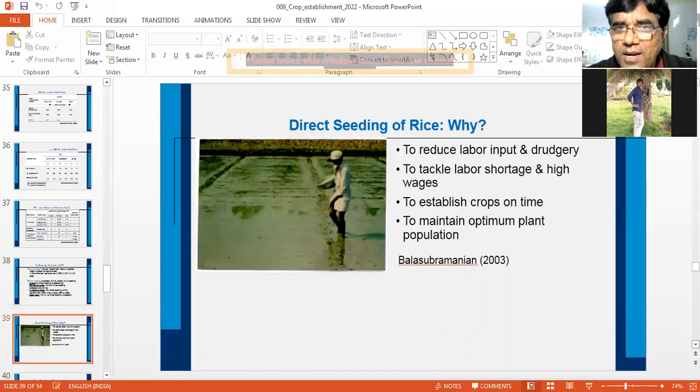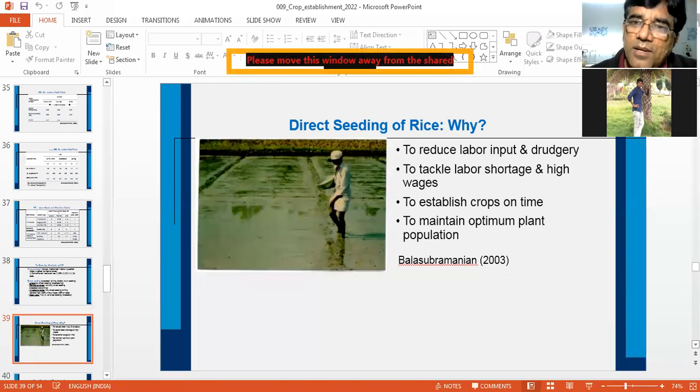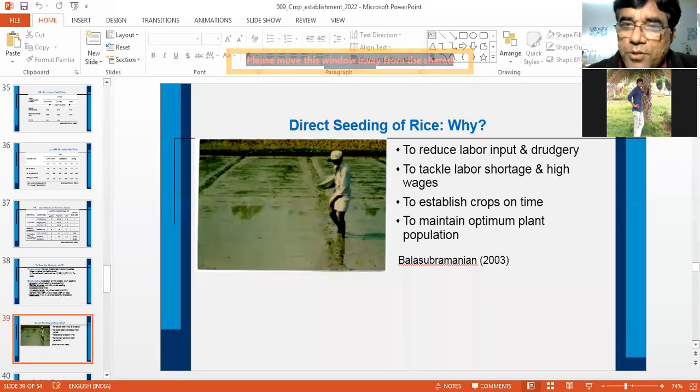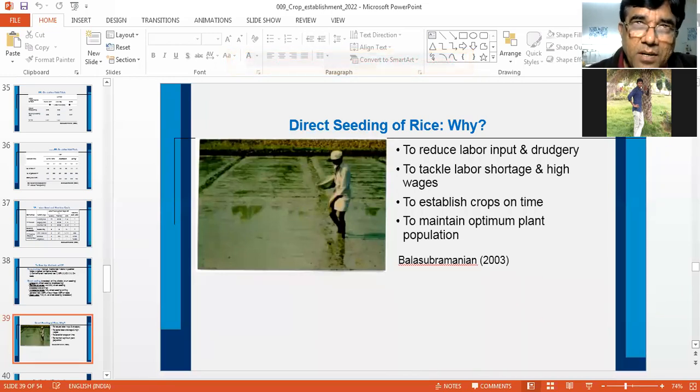So why do we require direct seeding of rice over transplanting? To reduce the labor input. You have just seen the drudgery and number of labors. To tackle labor shortage, to establish crops in time, to maintain optimum plant population. You need not bother about raising the nursery. And the main driver for direct seeding, you should remember, is the shortage of water. Nowadays people are talking about water crisis, climate change.